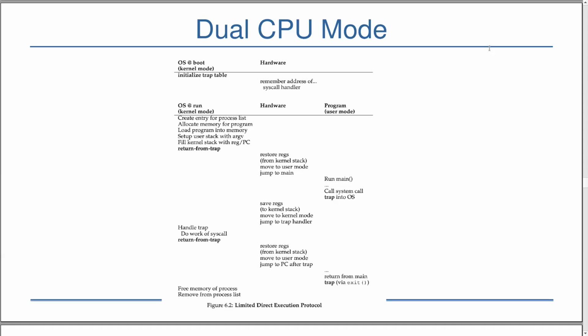But I don't have any reliable stack, because the stack that the user provides can be corrupted anytime the user program wants, right? Because changing the stack pointer RSP is an unprivileged instruction. Any user program can do that and put whatever user stack it wants. So clearly, the user stack is unreliable. Therefore, I have to have a dedicated kernel stack.